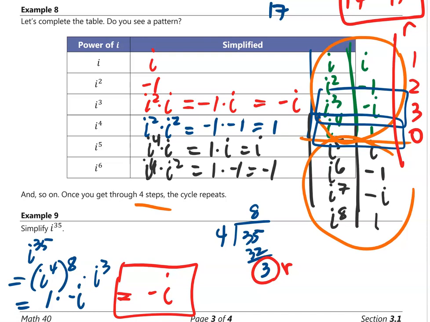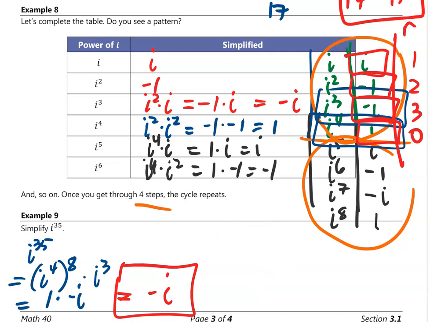So you just have to use the remainder. If the remainder is 1, the answer is i. If the remainder is 2, it's negative 1. If the remainder is 3, it's negative i. If there's no remainder, that is 1. Okay?